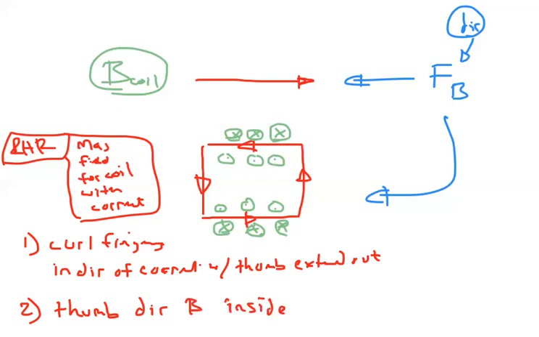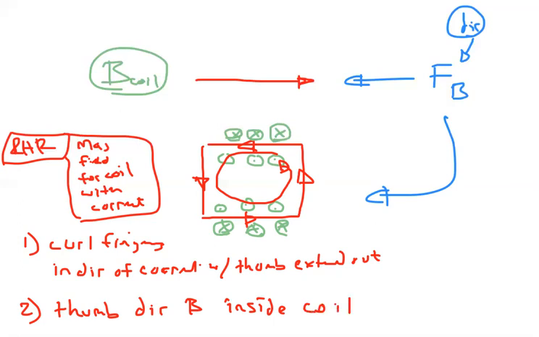Now this is only true if the current we see is moving all in the same direction. If for some reason it doesn't make sense, then you can't use this right-hand rule. This is only true when the current is making a full loop. So you curl your fingers in the direction of the current, and the thumb is the direction of the field inside the coil.